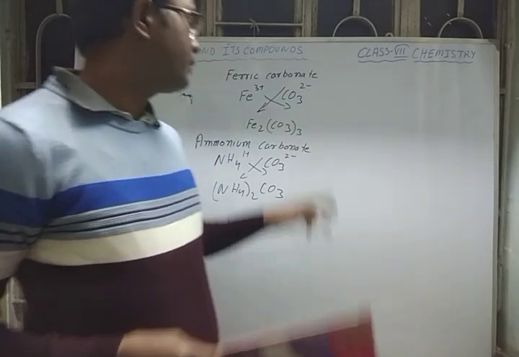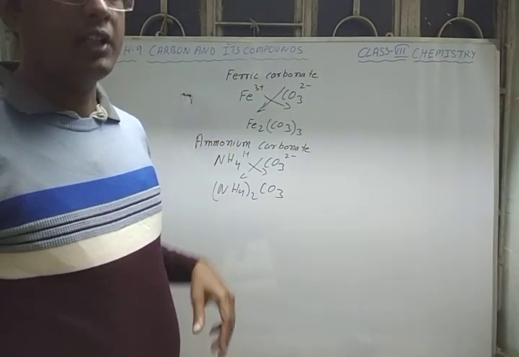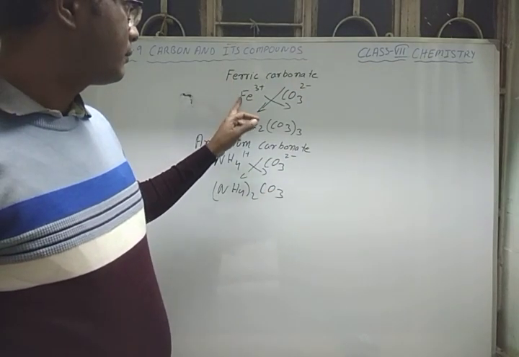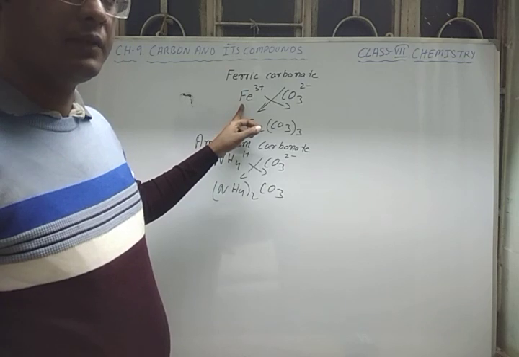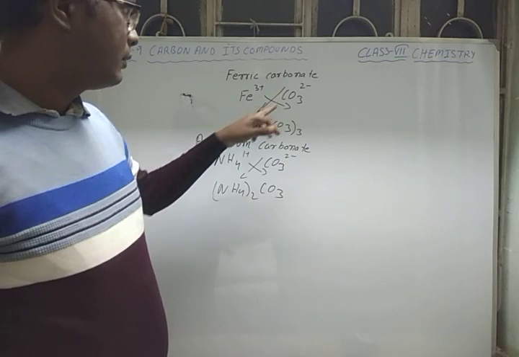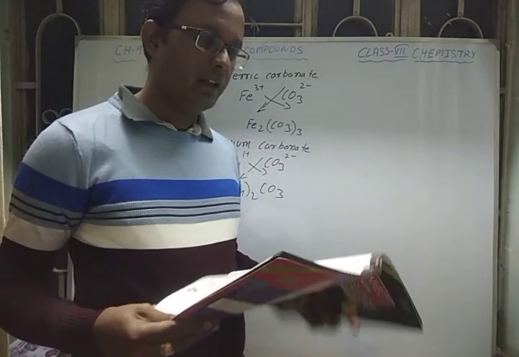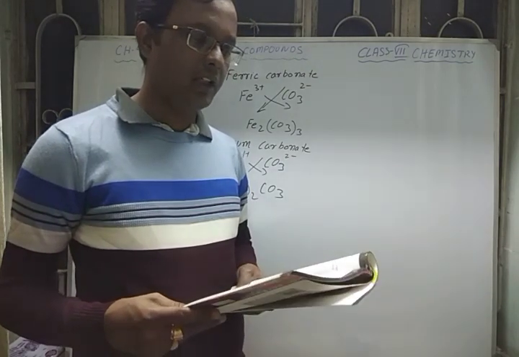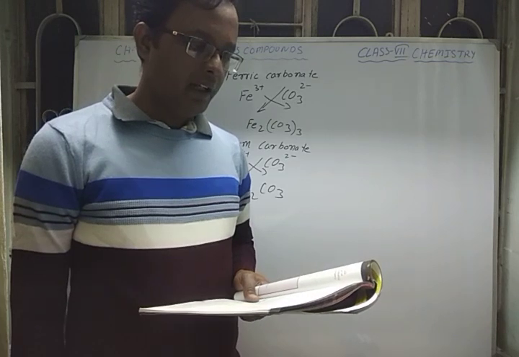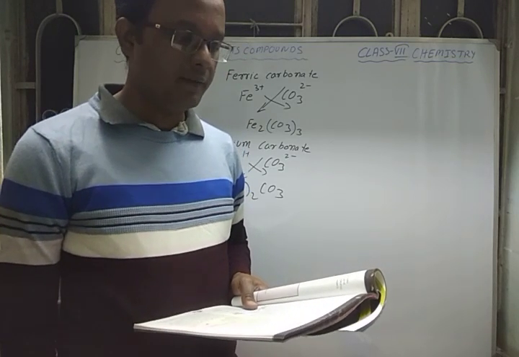So if carbonate has 2 negative charges, these 2 negative charges will combine with the 3 positive charges of the iron to become stable and form a chemical formula. So valency has significance in the derivation of the chemical formula of a compound. Now, valency based on hydrogen atoms. What do we mean by that?